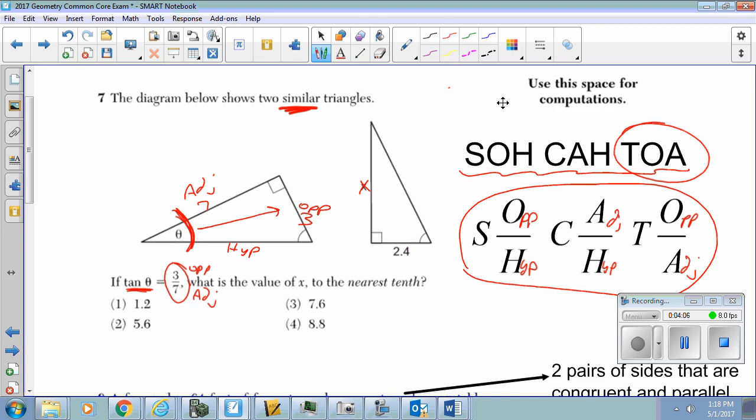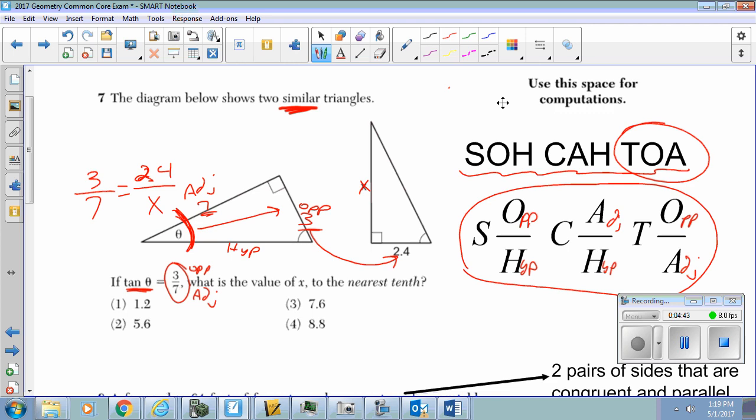Now, keep in mind we have similar triangles. So that means that, remember when we have similar triangles, that the sides are proportional and the angles are the same. All right, the angles are congruent and the sides are proportional. So we can actually set up a proportion here. So we can do 3 over 7. So that's this side over this side. The 3 is corresponding to the 2.4. So it's 2.4 divided by the x is what we're looking for.